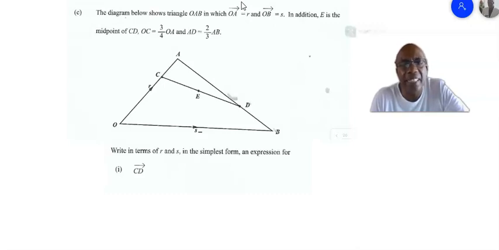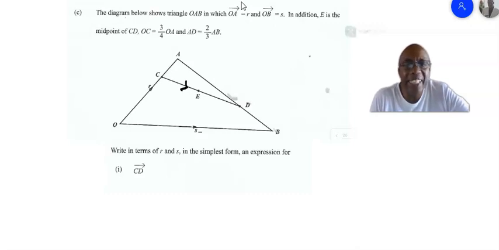vector CD. Now the vector CD is right here. This is the vector CD. It goes from C to D. So I put the arrow going from C to D. So how do we find the vector CD in terms of the vectors we have, R and S?